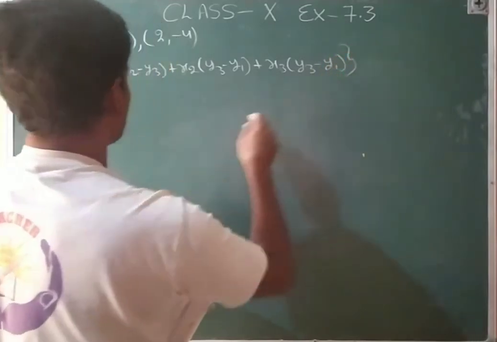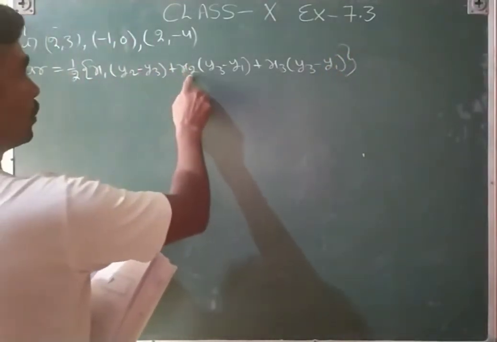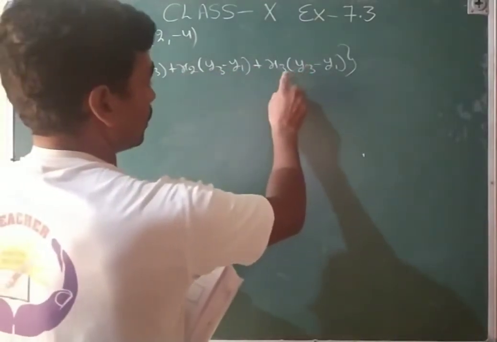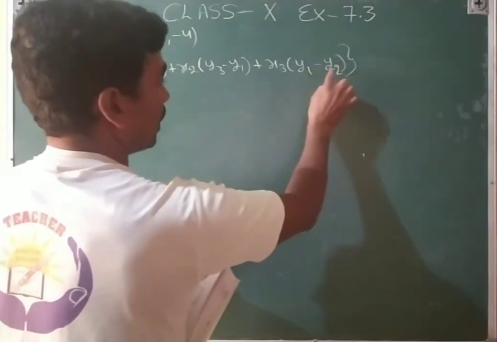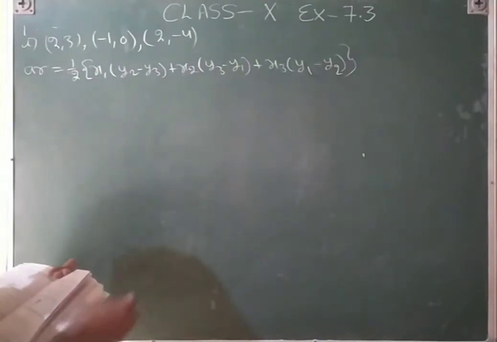It means you are looking at 1 2 3, then after 1 comes 2, after 2 comes 3, and after 3 comes 1. So the series will be 1 2 3 1 2.